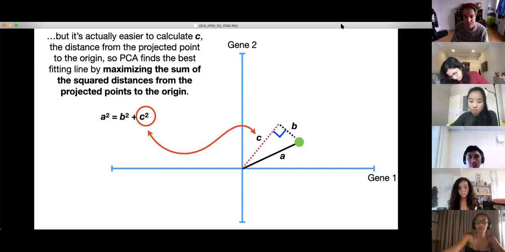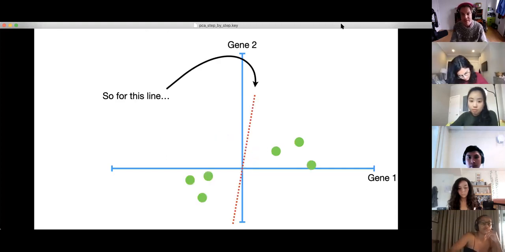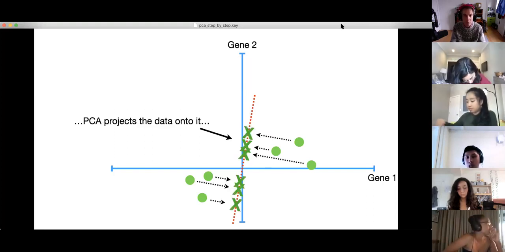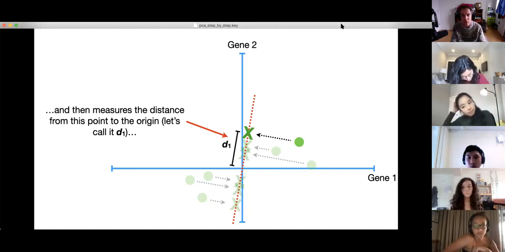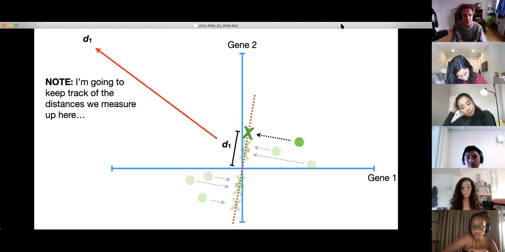So here we go. So for this line, this is that original randomly selected line. PCA projects the data onto it. Then measures the distance from this point, which we're going to call D1, to the origin. And I'm going to keep track of the distances we measure up here.